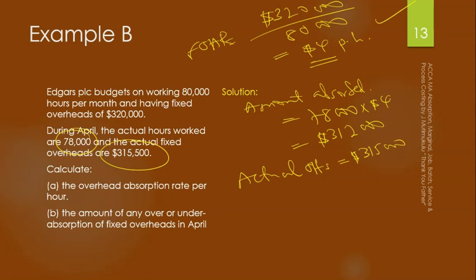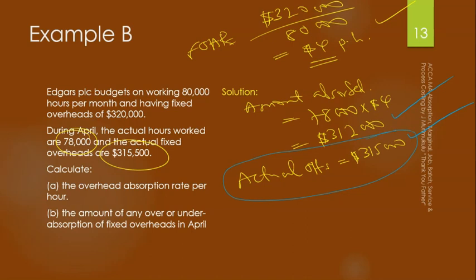Ladies and gentlemen, I want you to see this. The amount absorbed was this one, but the actual overheads which were incurred by the company were higher. So in this case, there was an under-absorption, because we actually incurred this one.